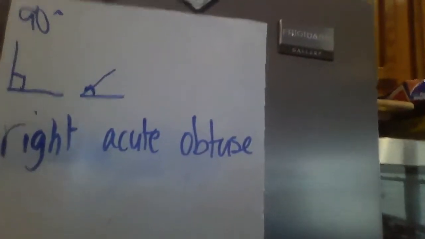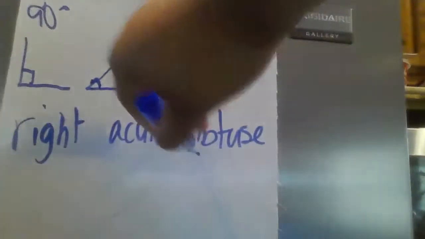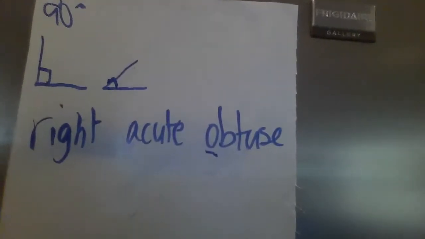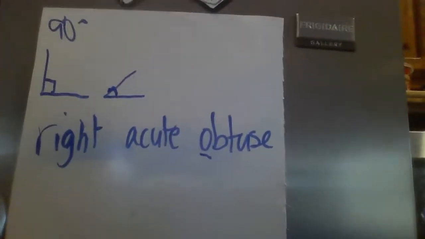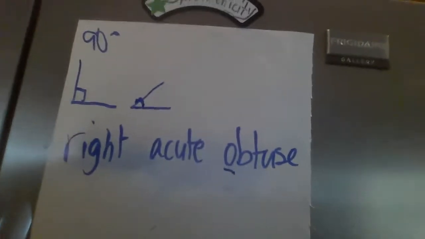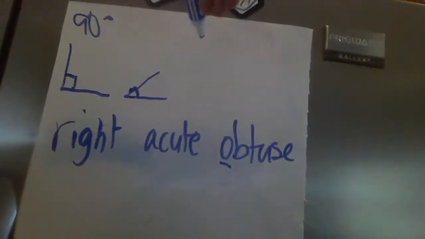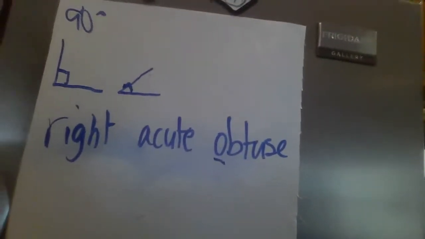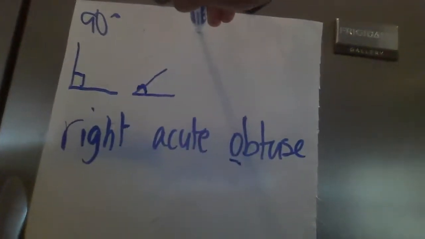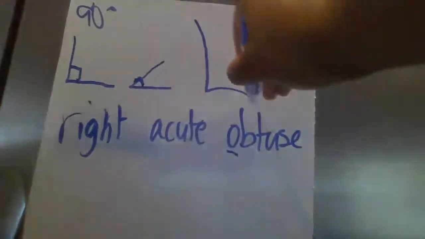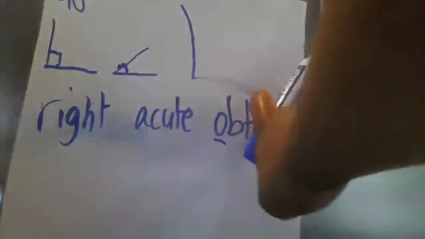Okay. The obtuse angle, there's a couple different little funny things I've heard that people do. But for the O, just because the word starts with the O, I've heard people say over large. And this is the large angle, and it's usually, hold on, this line has to go down.